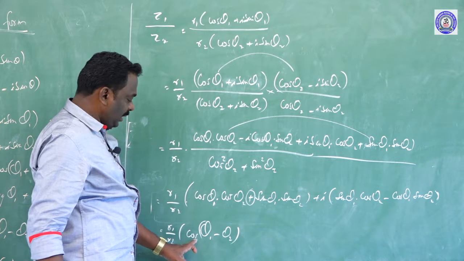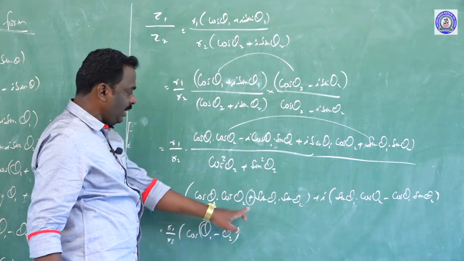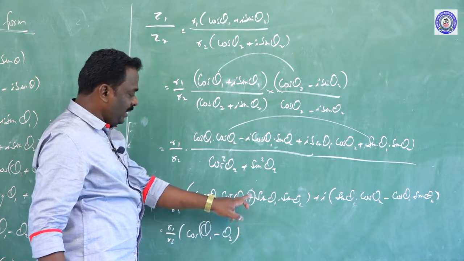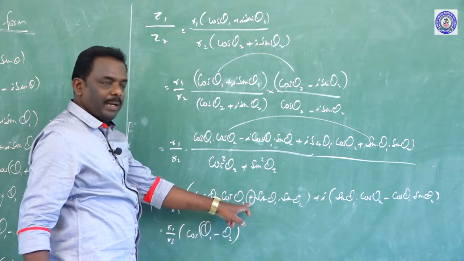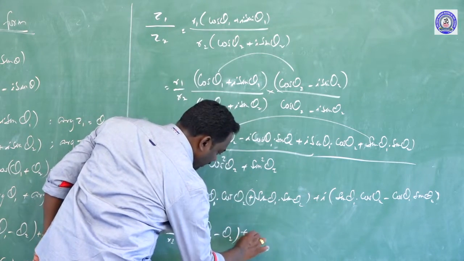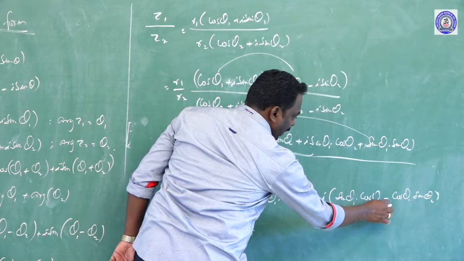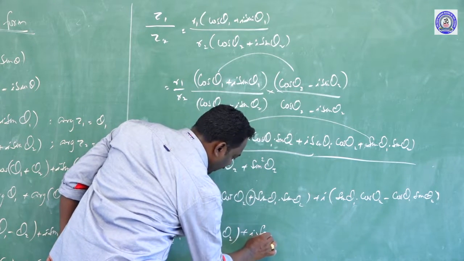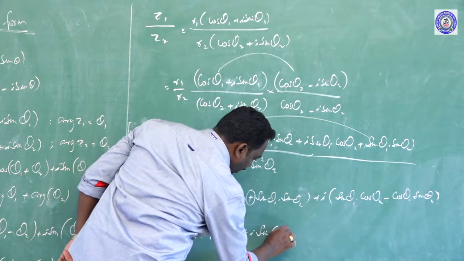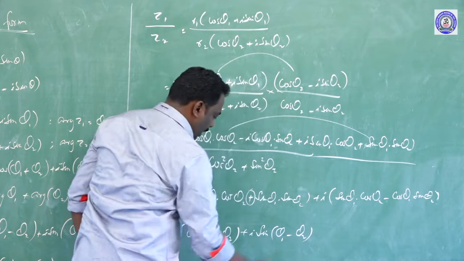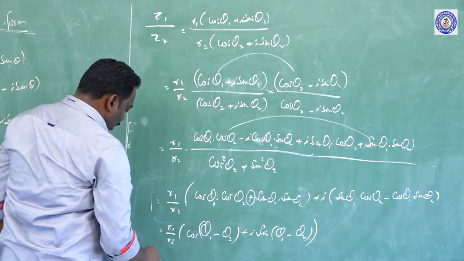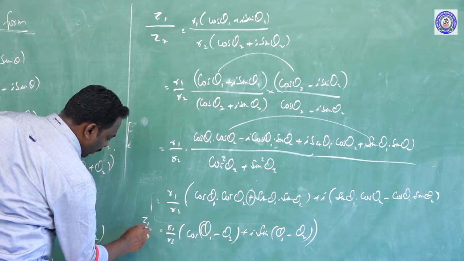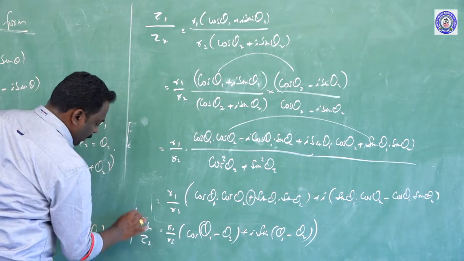Then plus i into sin (a minus b), with a equal to theta 1 and b equal to theta 2. Therefore this is z1 by z2.